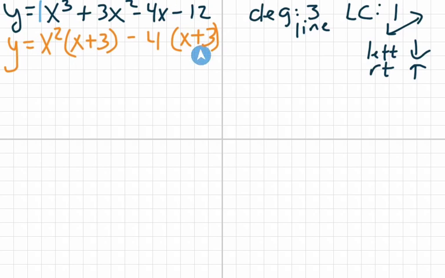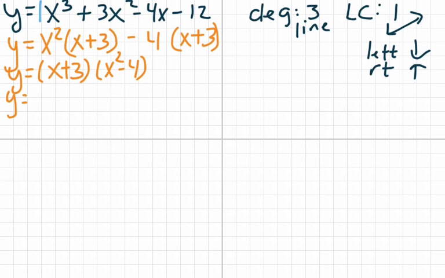Now we have a common factor of x plus 3, so I'm going to factor out the x plus 3. That will leave me with x squared minus 4, which I recognize is the difference of 2 squares. So we have x plus 3, and then x squared minus 4 factors into conjugates, x plus 2 and x minus 2. This is enough for me to get the roots.